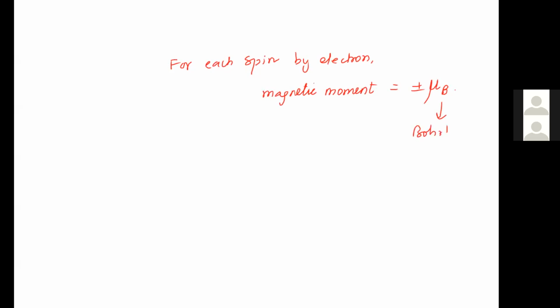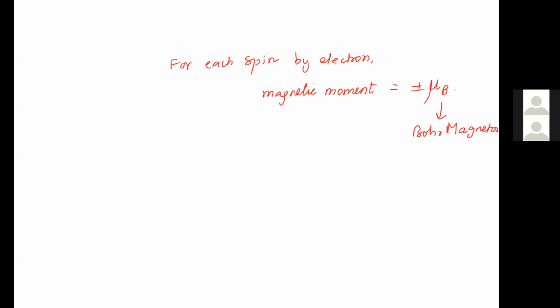So for each spin by electron, magnetic moment is plus or minus mu b. This is Bohr's magneton.